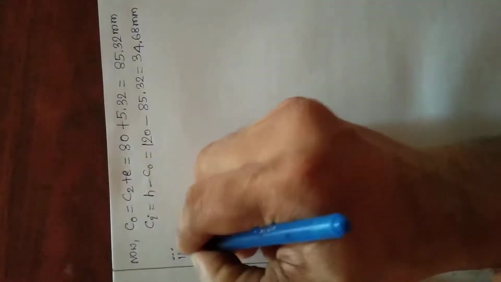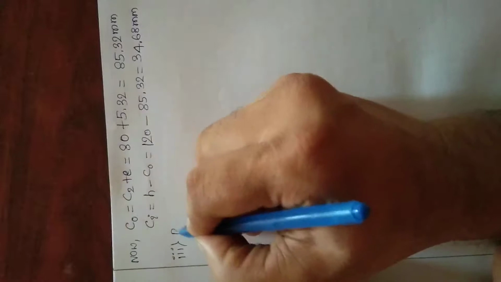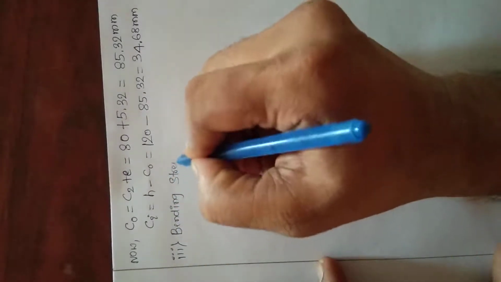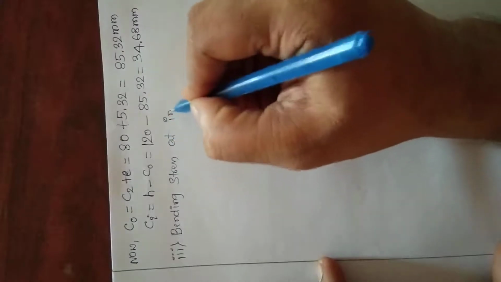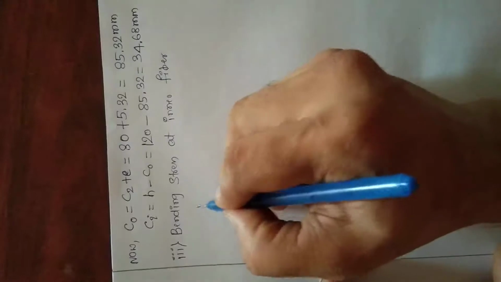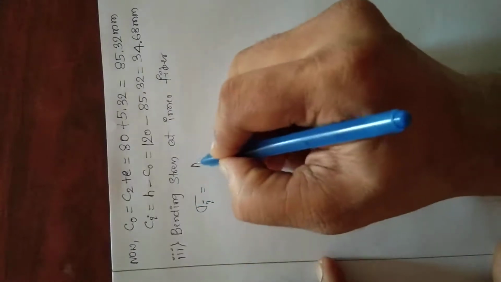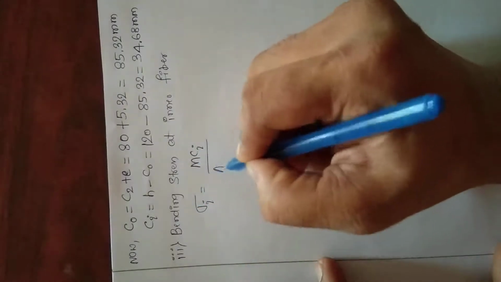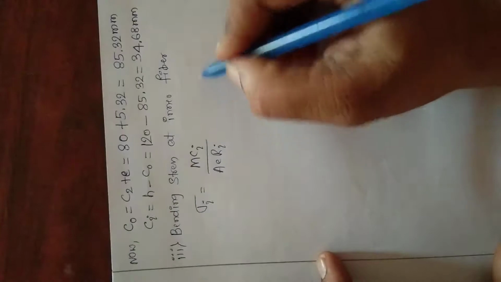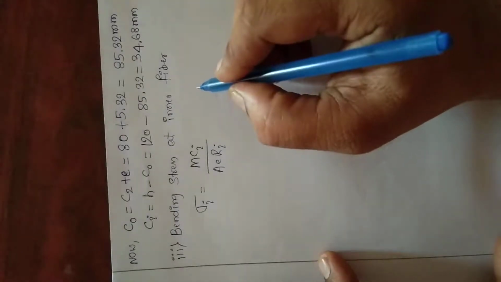So finally I am going to find the bending stresses. In that third case, bending stresses at inner fiber, same thing we have written, sigma I is equal to M Ci by A e Ri. So this is the positive value. This already I wrote the equation number and data handbook number in the previous lecture.